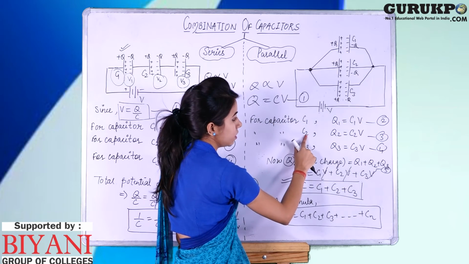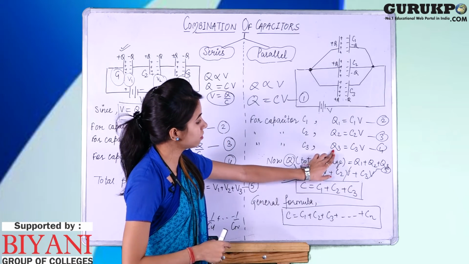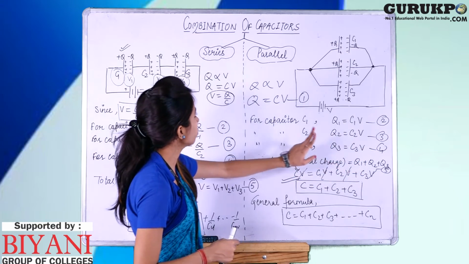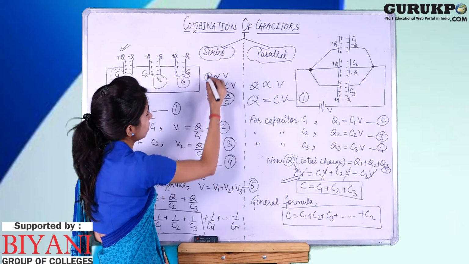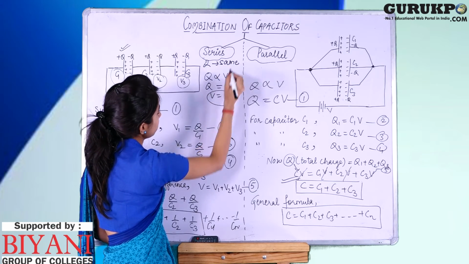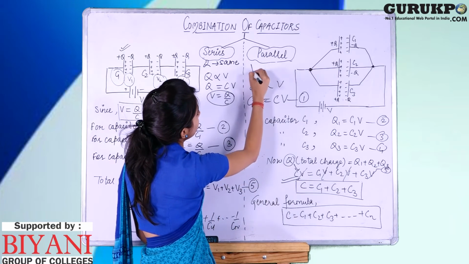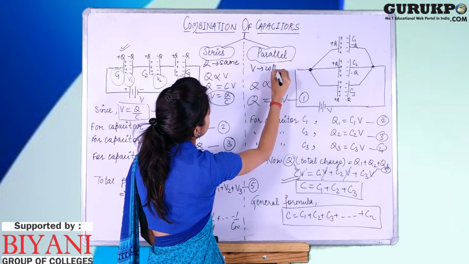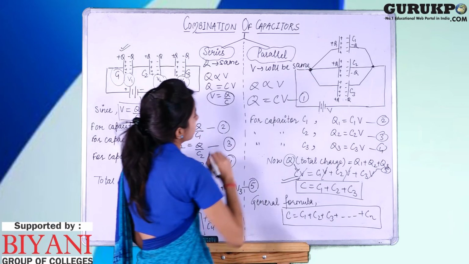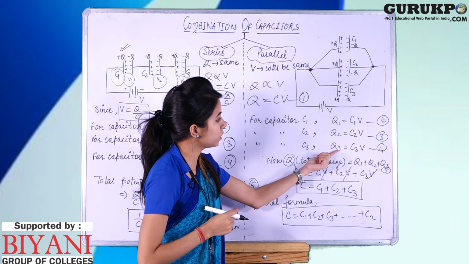For capacitor C2, Q2 is equal to C2V, and for capacitor C3, Q3 is equal to C3V. You have to remember that in series Q will be the same, and in the parallel case V will be the same. Now we have determined Q1, Q2 and Q3.